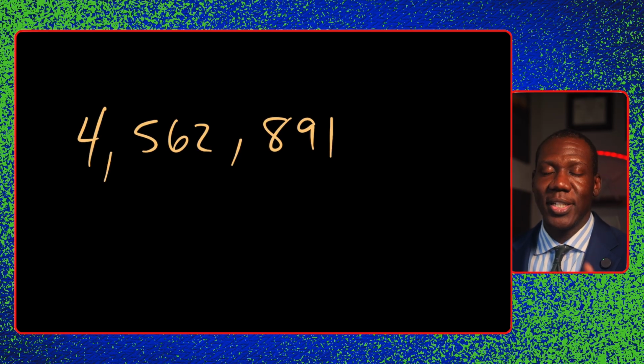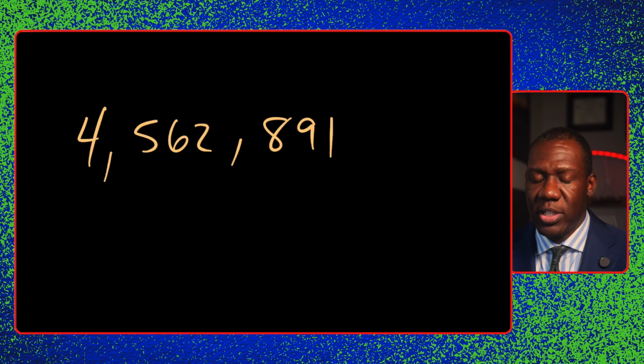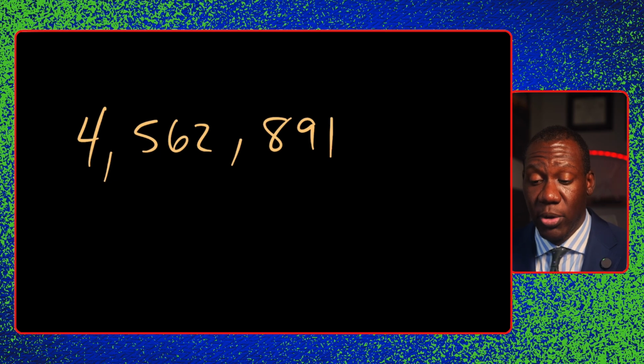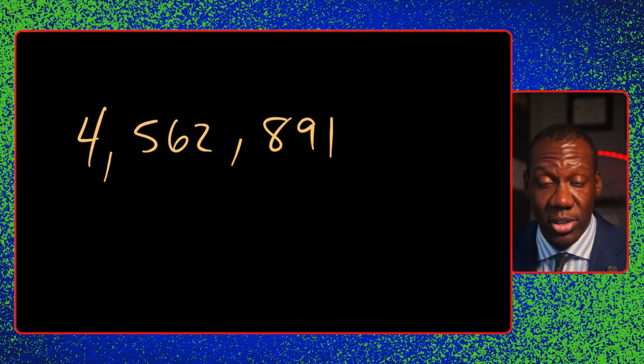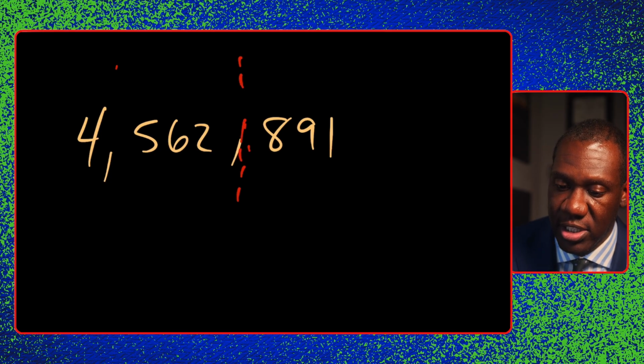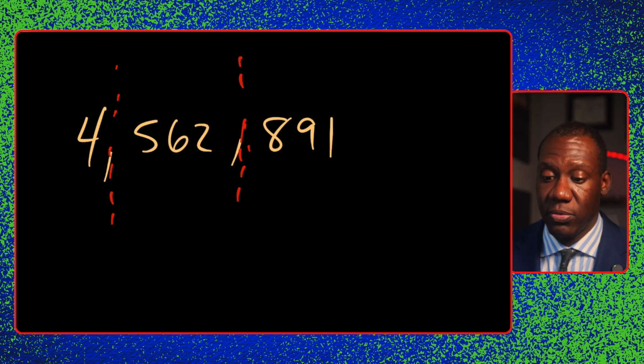Now, what I want you to understand is when you have these large numbers, they're separated into what we call houses, right? Now, the houses are separated by the commas. So if you see these commas, they separate groupings of the number.